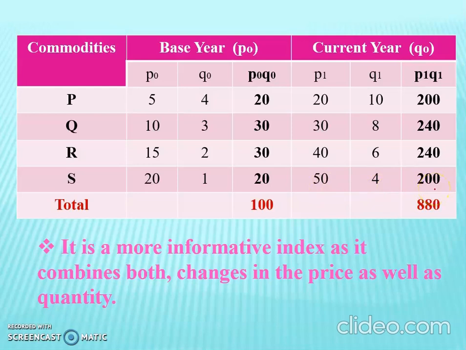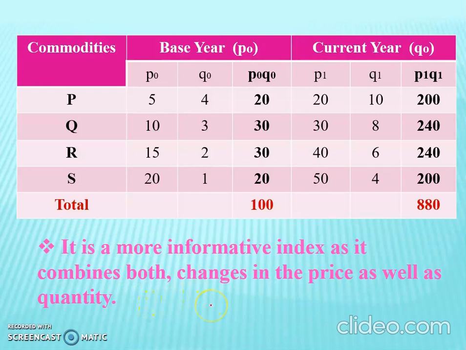So when you calculate this properly and make the comparison between these 2 years, current and base year, you get an idea how much change has taken place in the value of that particular commodity. It is a more informative index as it combines both the changes in price as well as the changes in quantity.